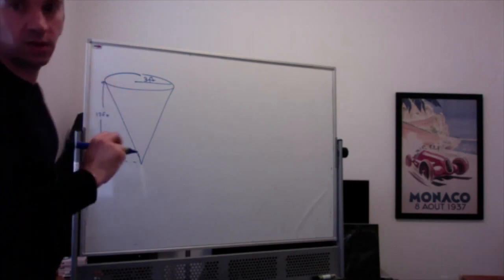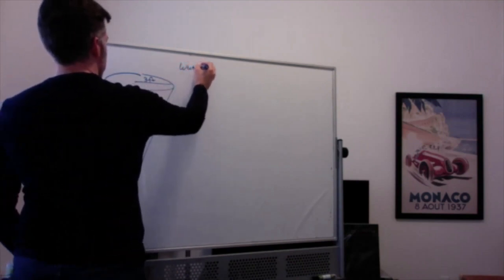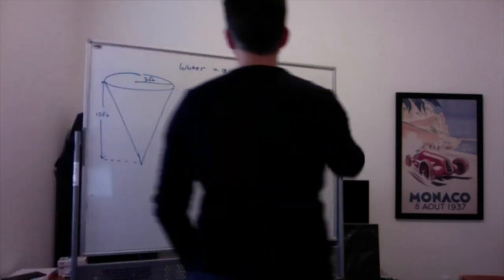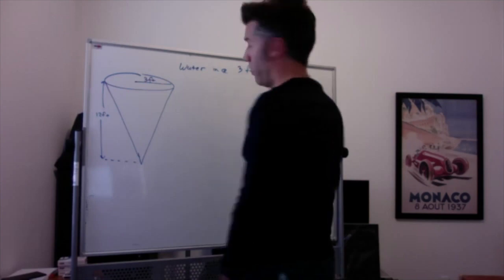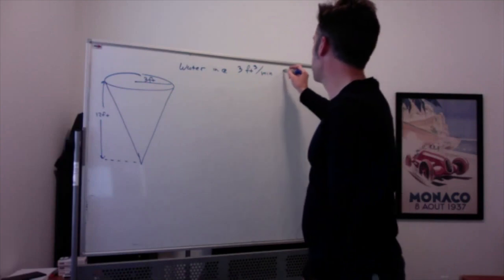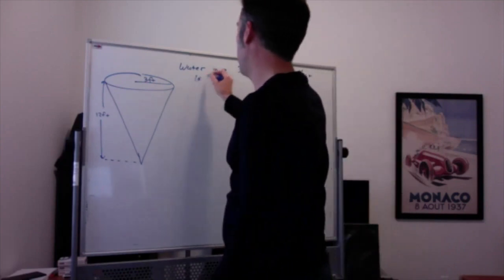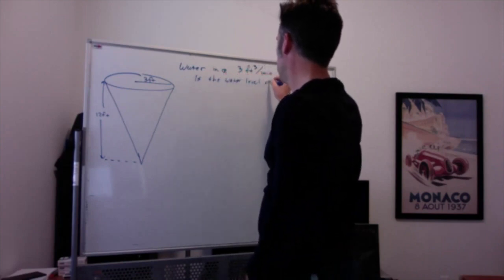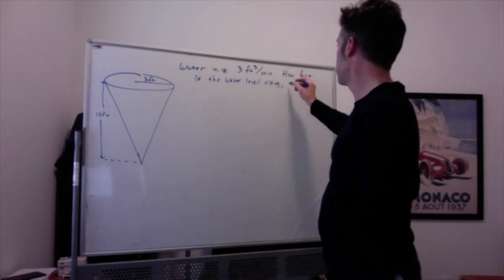And we're pouring water in, so water goes in at a rate of 3 cubic feet per minute. I'm pouring the volume of water in at that rate. How fast is the water level rising when the water is 6 feet deep?